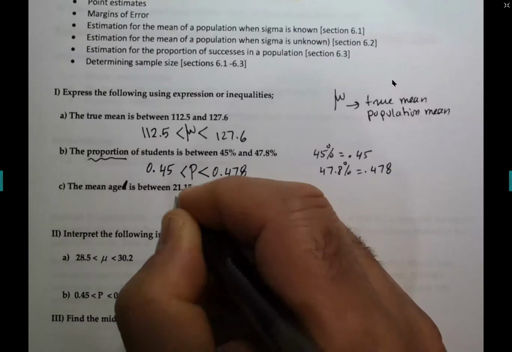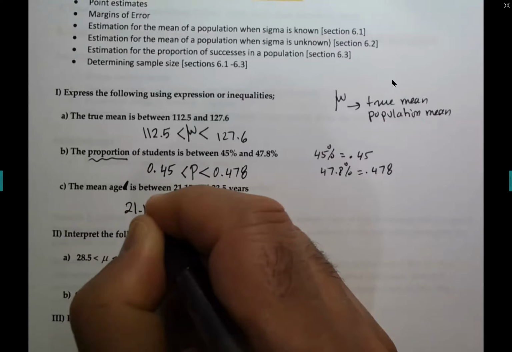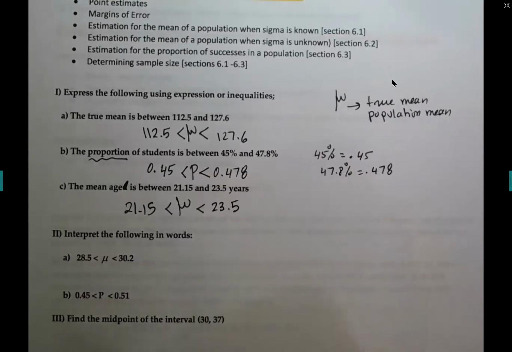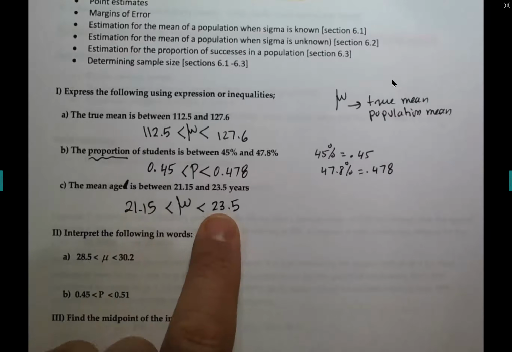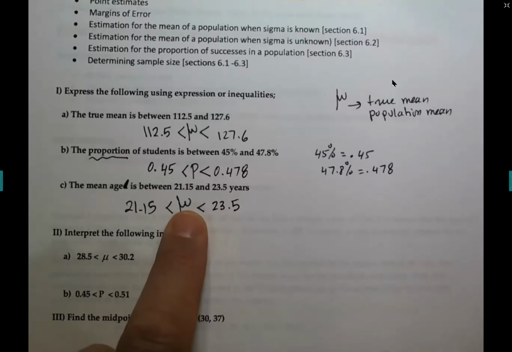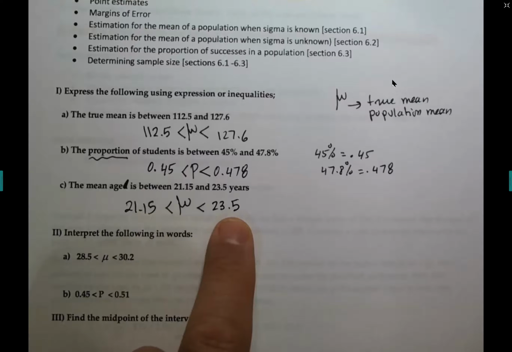So that will be mu is between 21.15 and 23.5. If you ask me if the interval includes the lower and the upper bound, no, it doesn't include them. So between without the equal sign here. So mu is bigger than 21.15, but smaller than 23.5.